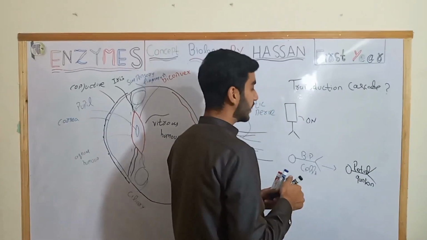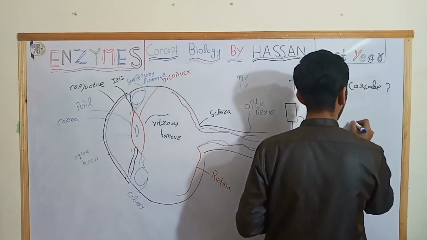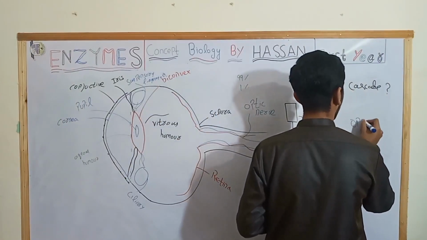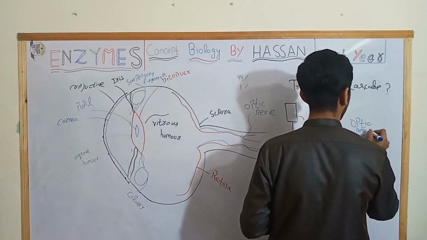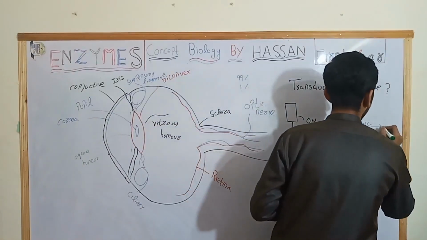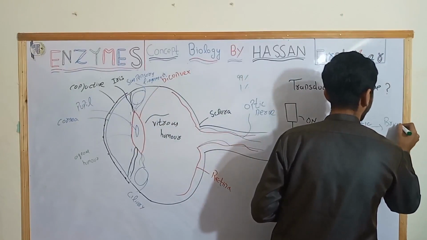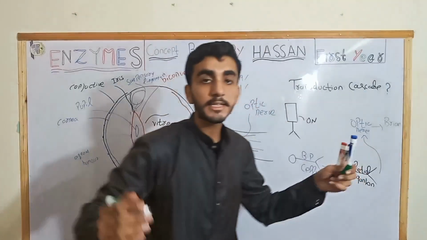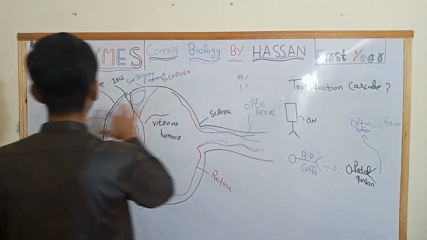This retinal ganglion sends the message to the optic nerve. And the optic nerve carries the information to the brain. So our brain tells us what's happening there. This is all about our human eye.